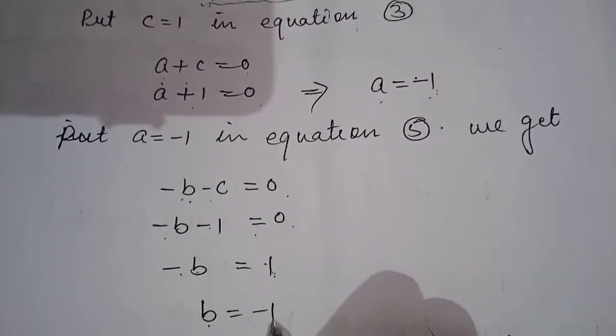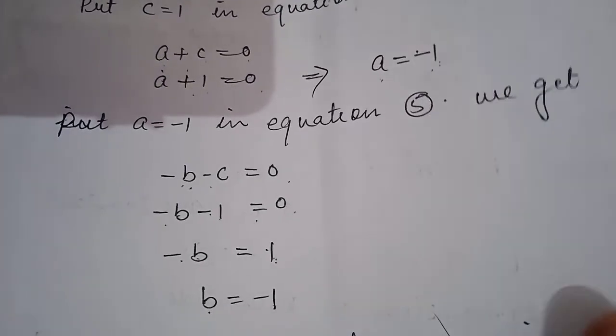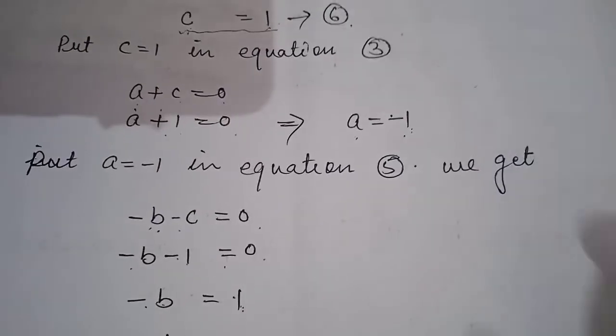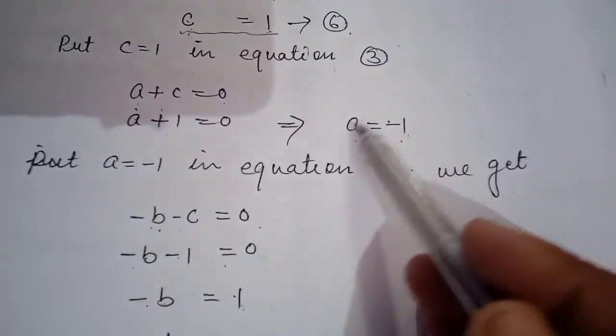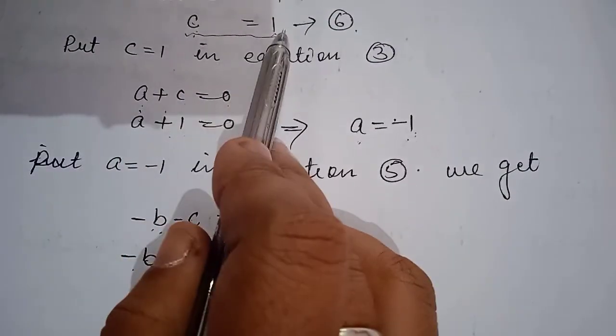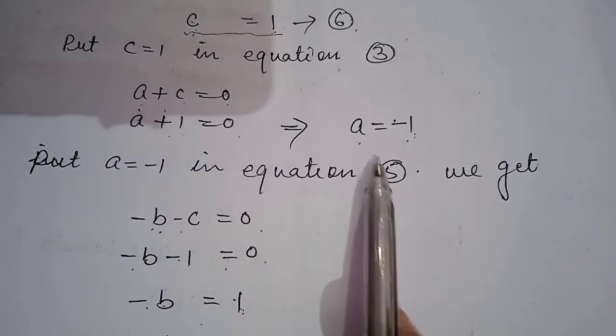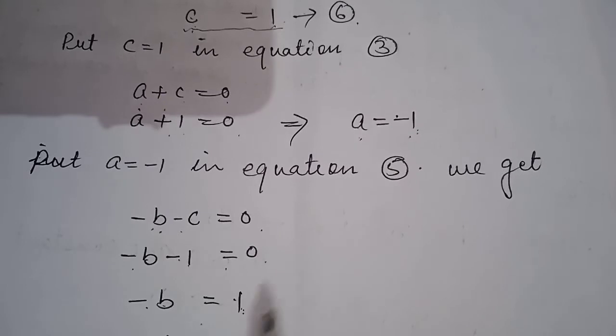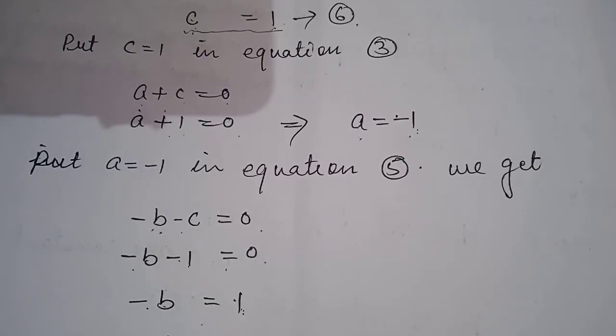Now we have the values: c is equal to 1, a is equal to minus 1, and b is equal to minus 1. Now we put these values in equation 1.